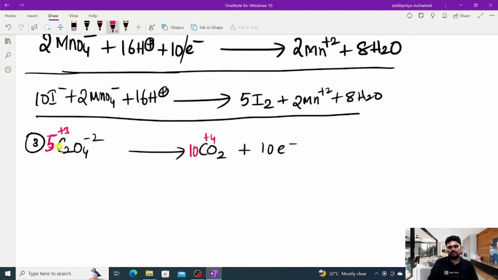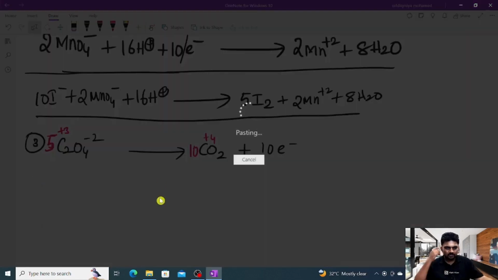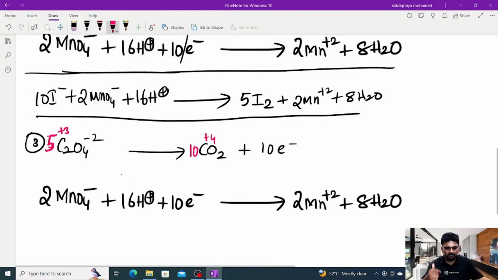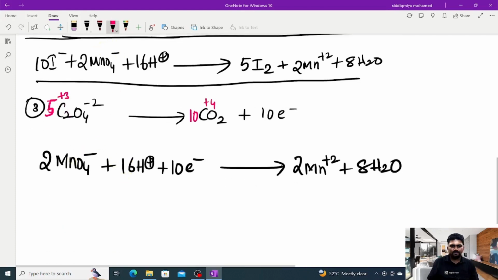Correct, 10 electrons. So 5 times 4 is 20 oxygens are there here, 10 times 2 is 20. Now we will add; the equation having 10 electrons, I have taken. Just add both equations.